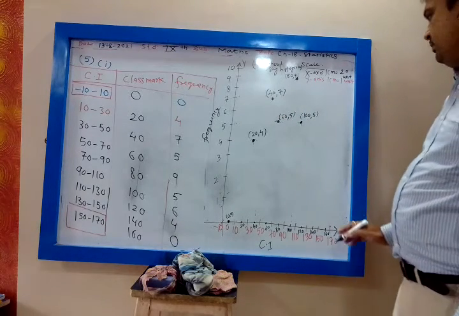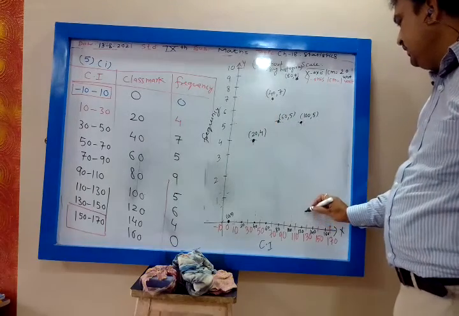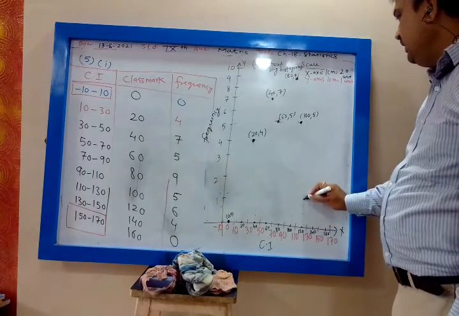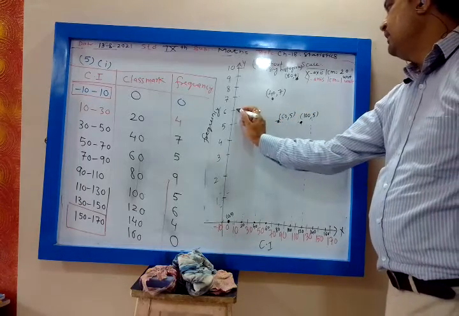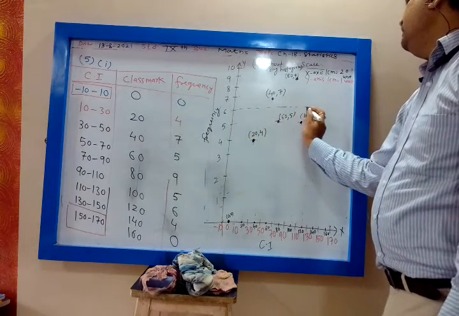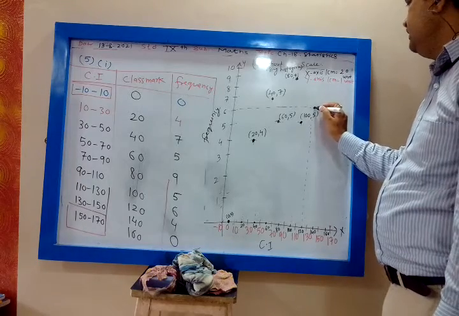Then 120 comma 6. Now this is 6 and 120. So 120 and 6, this point.